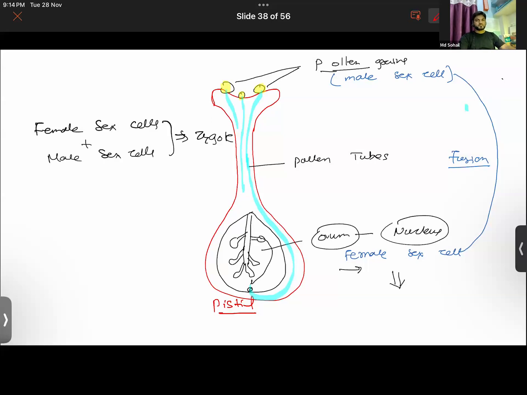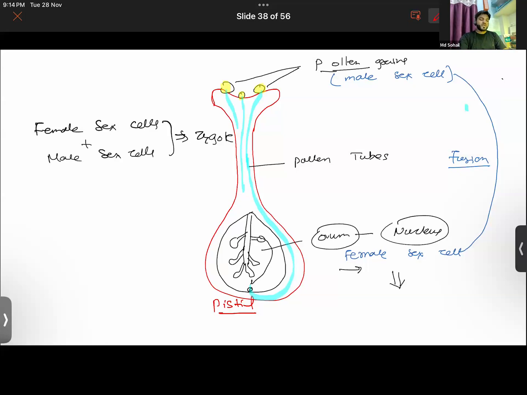So what happens to the other male gametes, the other pollen grains? They are simply wasted.